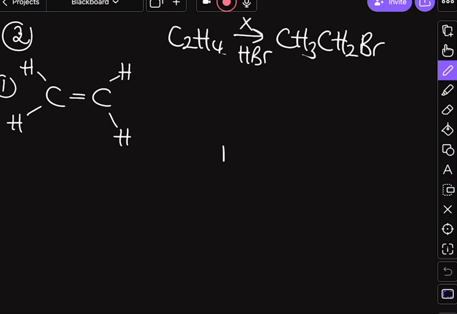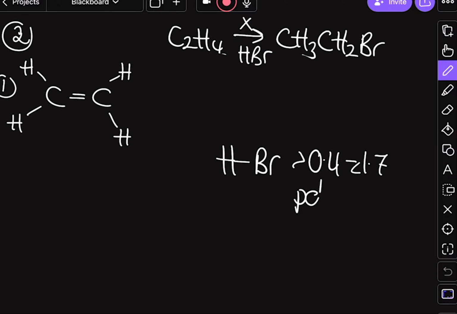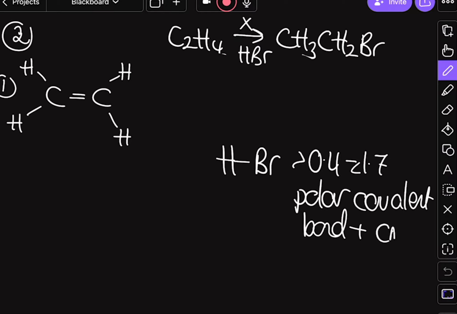Now HBr, if we were to look at it in terms of electronegativity values, and you were to take the numbers one from the other, you would find that it falls between greater than 0.4 and less than 1.7, which makes it a polar covalent bond, and because it's only HBr, it also makes it a polar covalent compound.